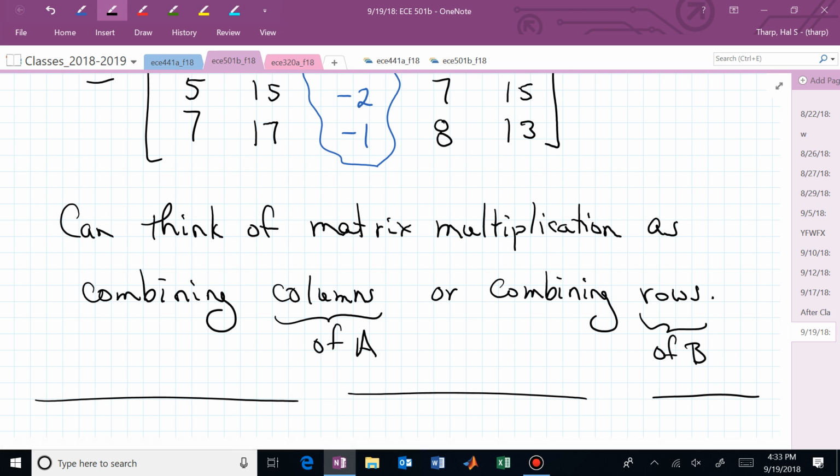Here, the sparsity in the second matrix, the B, sort of makes me want to do columns, but a lot of times I can combine columns more easily than rows anyway, even if it's full.